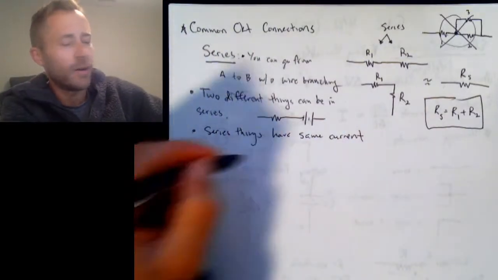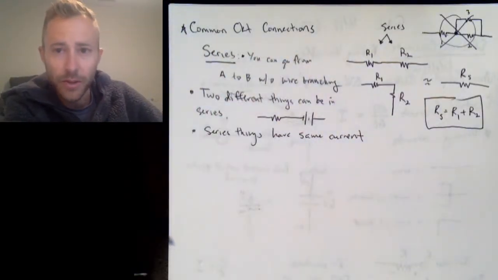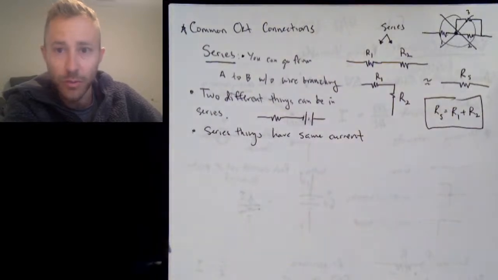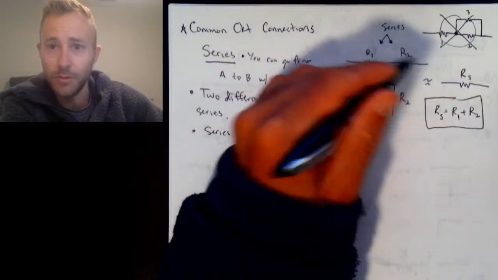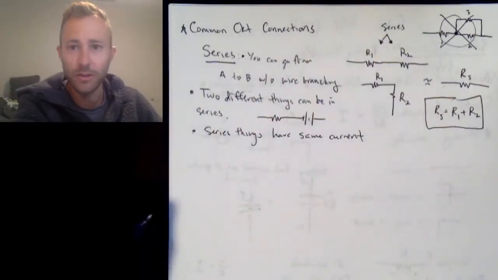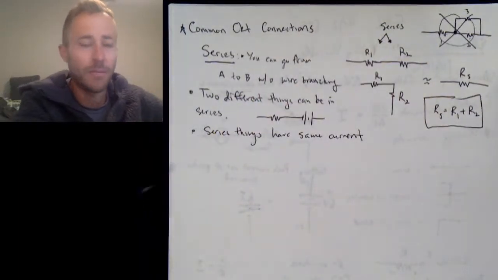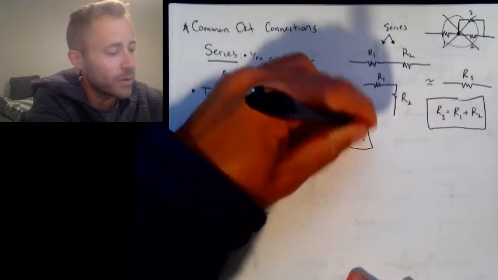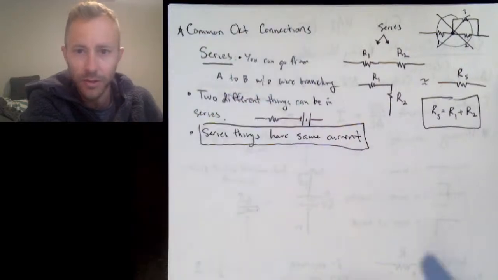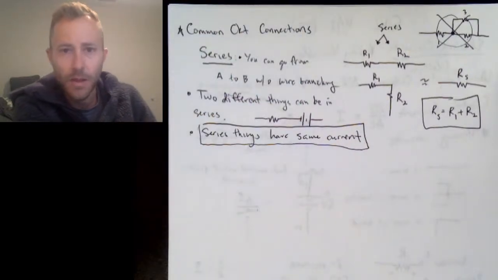The voltage of things that are in series in general will be different. So the voltage that resistor 1 gets is going to be different from the voltage that resistor 2 gets, but they will get the same current if they are in series. That is incredibly important and useful if you're analyzing circuits.